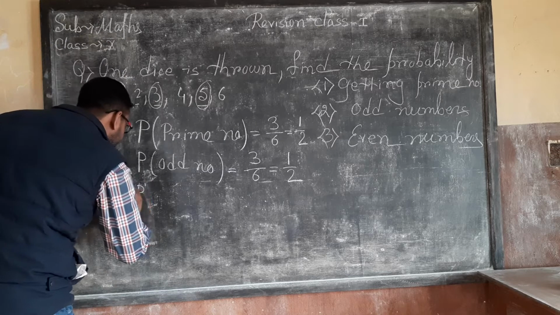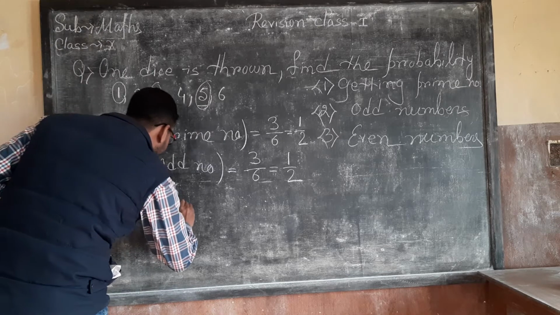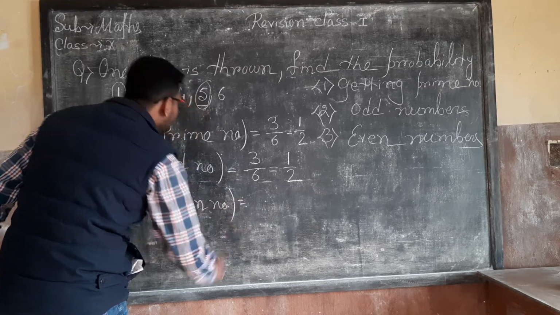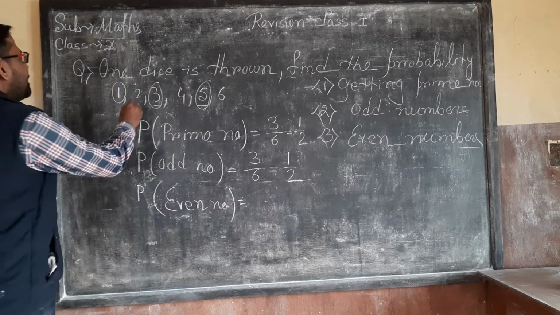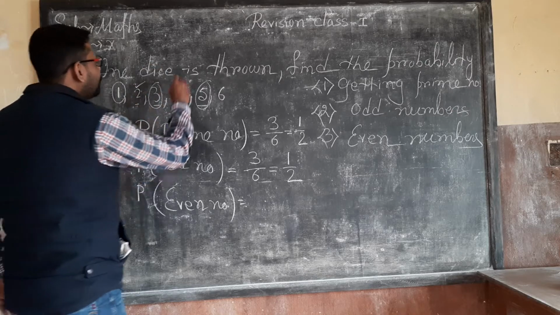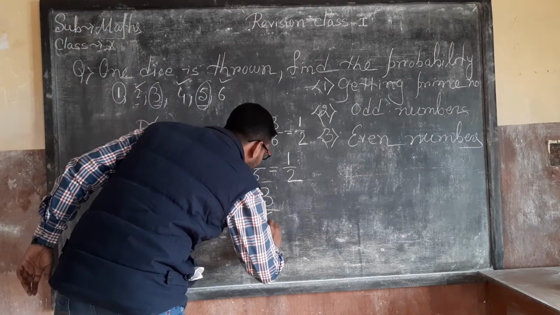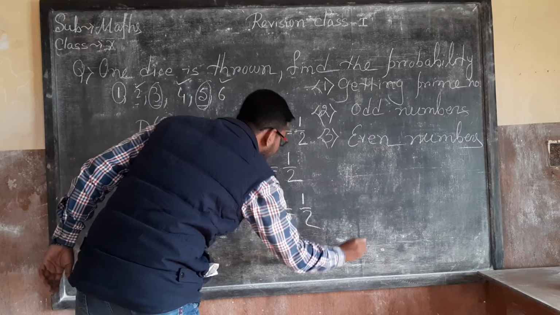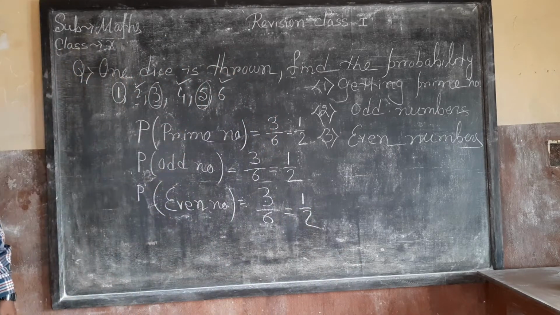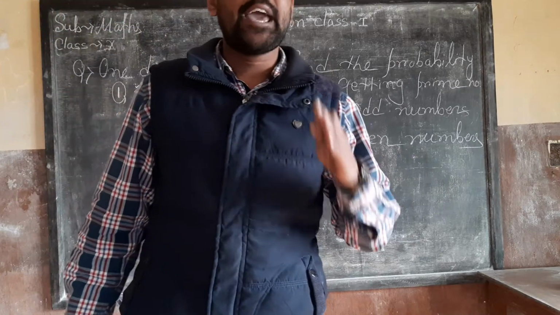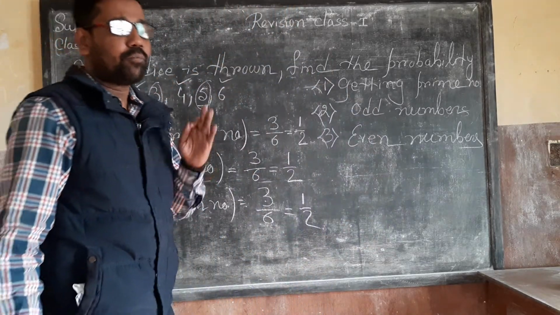And third one, the even number: 2, 4 and 6. That means it is also 3 by 6 and it will produce half. So this type of problem is very important for your upcoming exam as well as your board exam.